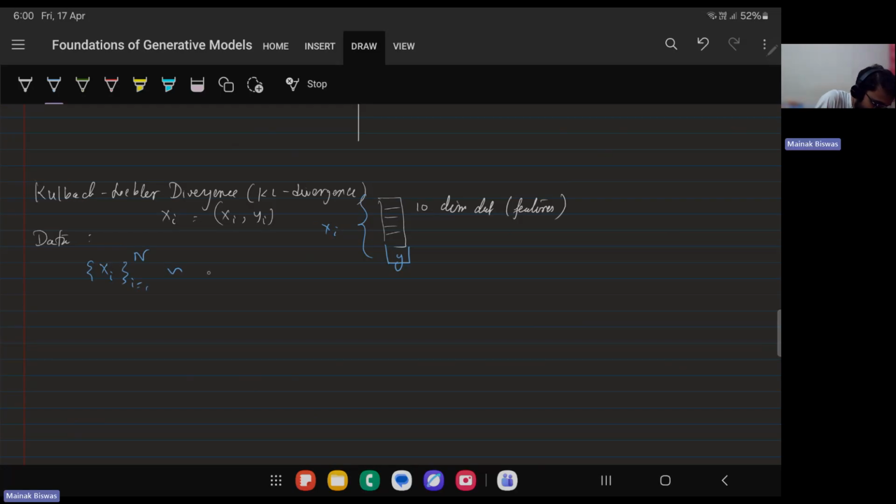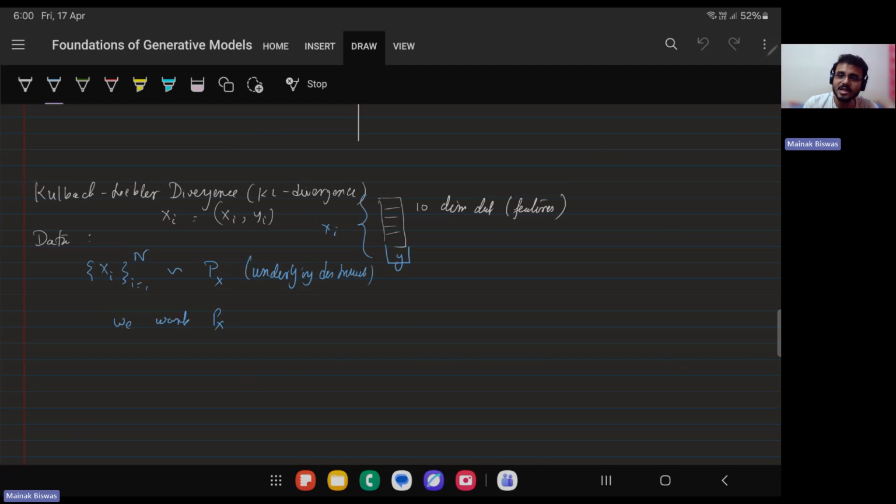So say you have n samples from the data, and you have sampled it from an underlying distribution P(x). This is the underlying distribution. What we want is P(x). Once I get P(x), I know everything.